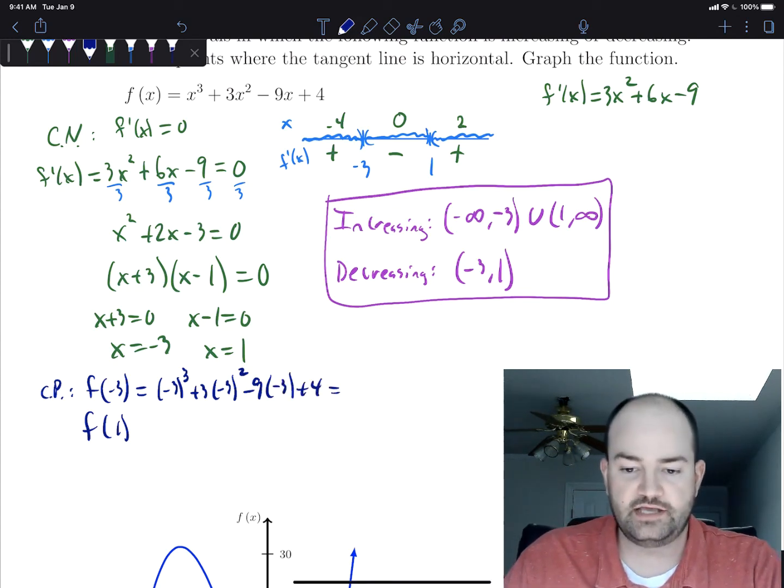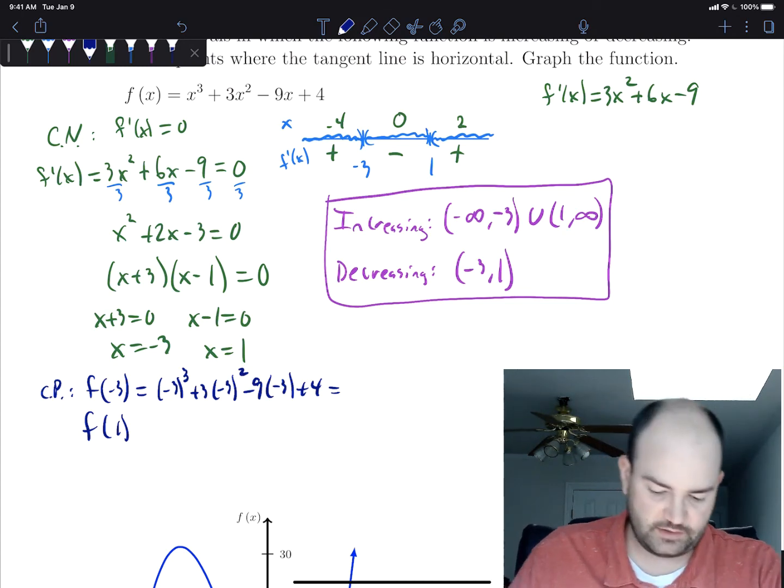Now, if you plug that into the calculator, let me type in this original function in the calculator as x cubed plus 3x squared minus 9x plus 4. And then go to your table or just do vars right 1 enter enter, and f of -3 is 31.